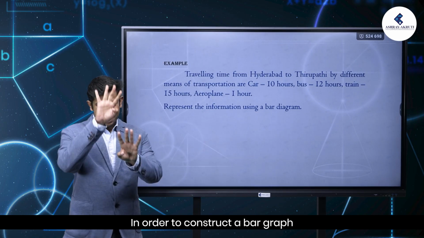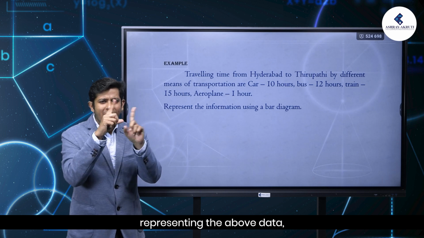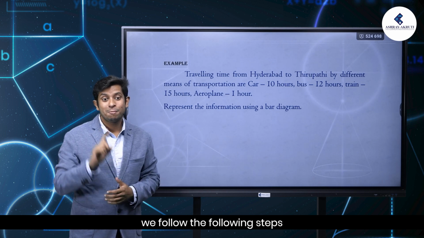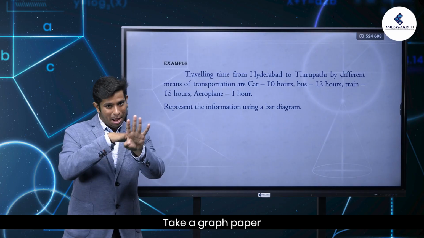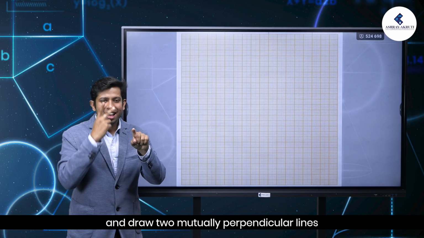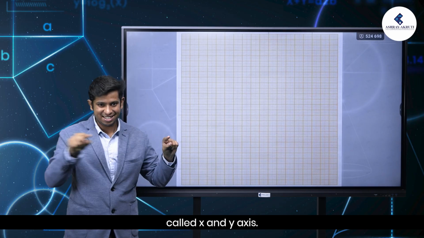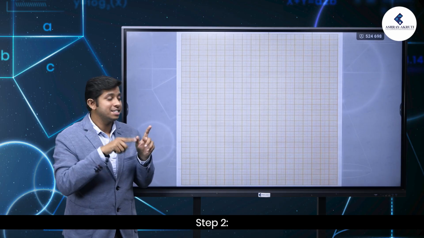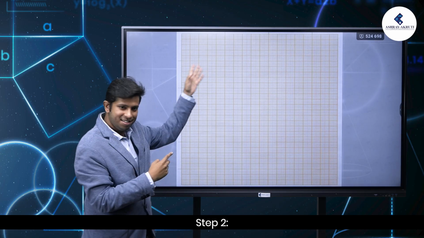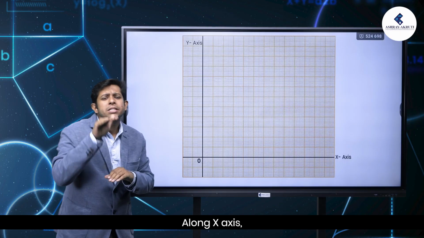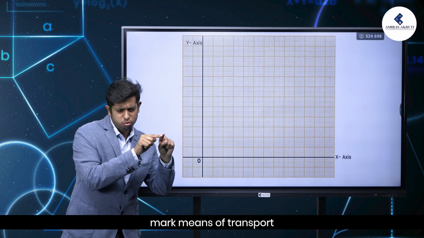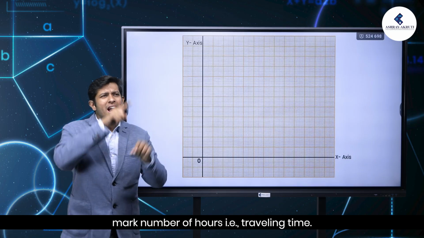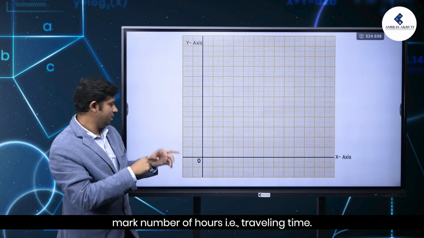Solution. In order to construct a bar graph representing the above data, we follow the following steps. Step 1. Take a graph paper and draw two mutually perpendicular lines called x and y axis. Step 2. Along x-axis, mark means of transport, and along y-axis, mark number of hours, that is travelling time.